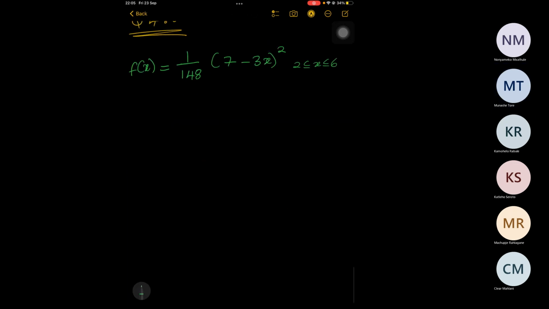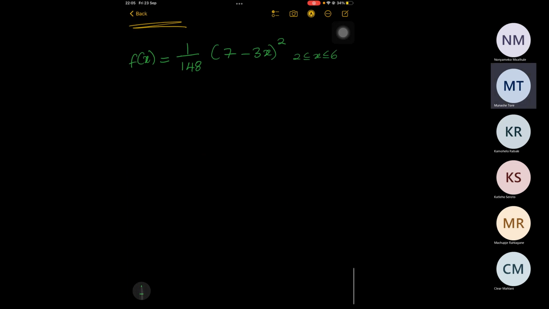So they are saying, what is the probability that the weight of fish that he catches on Tuesday next will exceed 5 tons? So now we are working for the probability that x is definitely going to exceed 5.